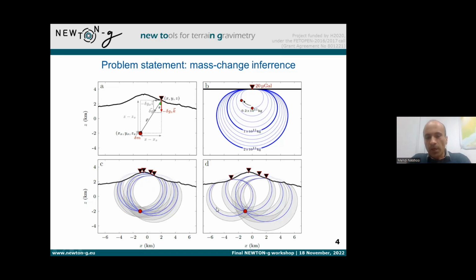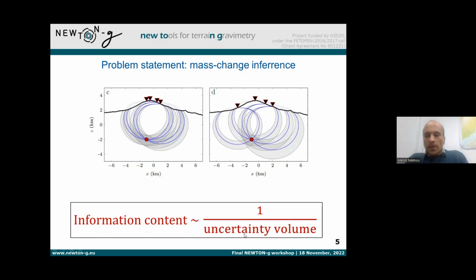So basically, by optimization of a network of gravimeters, what we mean is to minimize the area, or better to say, the volume of uncertainties. So if we minimize the uncertainty volume, we are actually maximizing the information content that we can gain from this network.